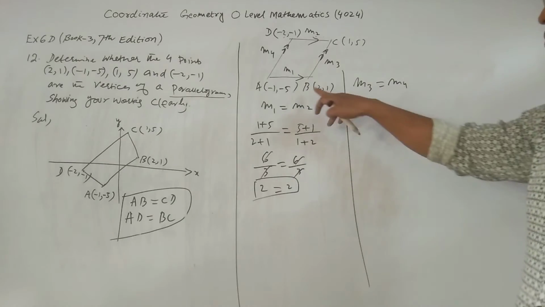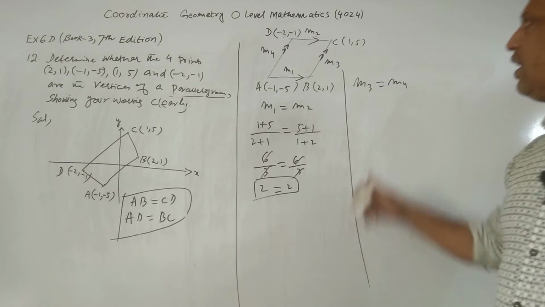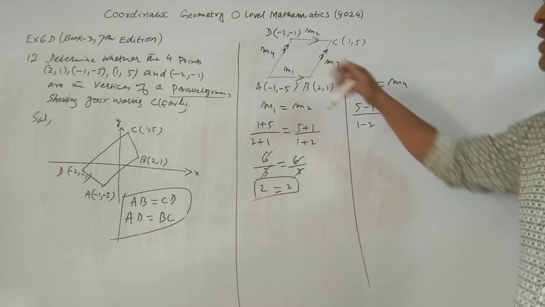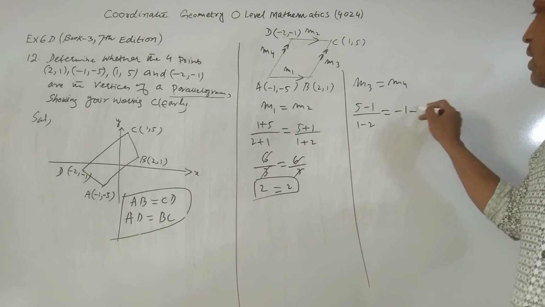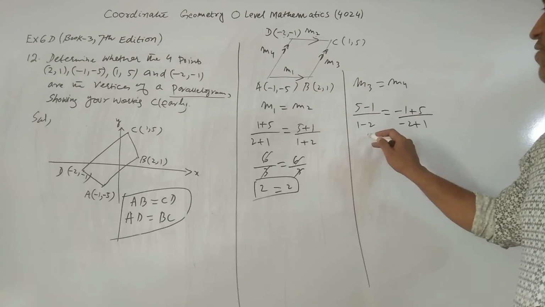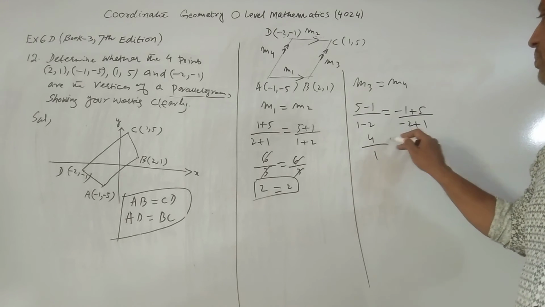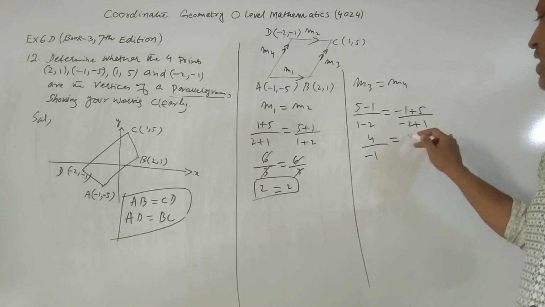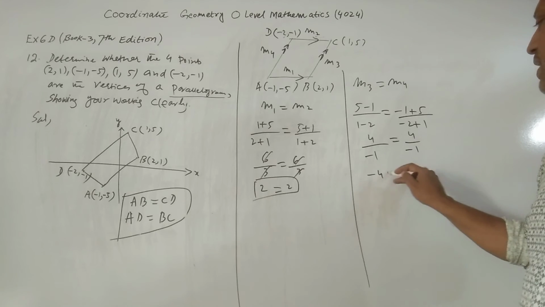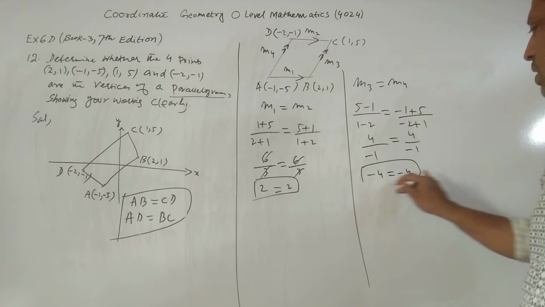What is m3? m3 is the gradient of BC. Therefore, 5 minus 1 over 1 minus 2 is equal to minus 1 plus 5 over minus 2 plus 1. 5 minus 1 is 4 upon 1 minus 2, which is minus 1. So 4 upon minus 1 is minus 4, which is equal to minus 4.